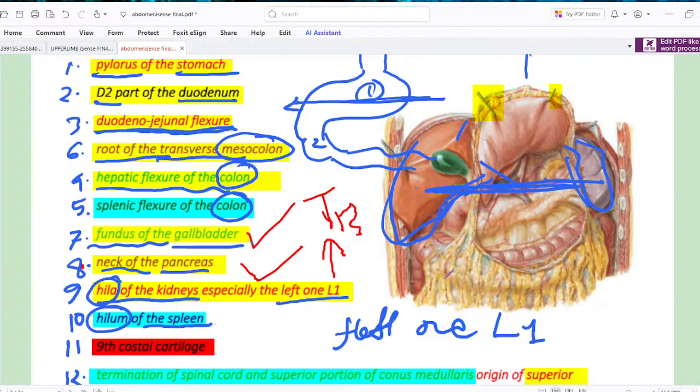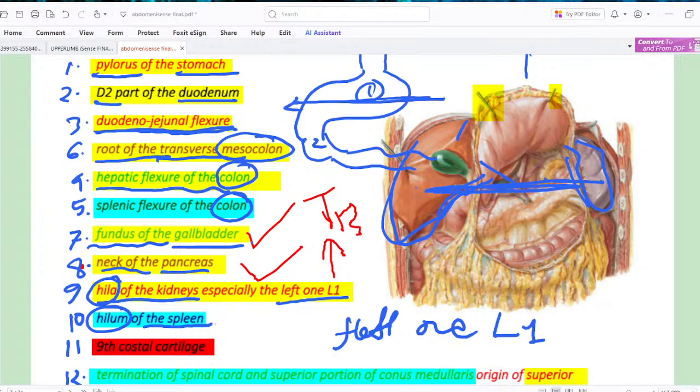Then we have the neck of the pancreas, fundus of the gallbladder, hilum of the spleen and hilum of the kidney, especially the left one. Then ninth costal cartilage, then the termination of the spinal cord at L1 and upper portion of the conus medullaris, and the origin of the superior mesenteric artery, SMA. And the mesenteric vein, it forms the portal vein.